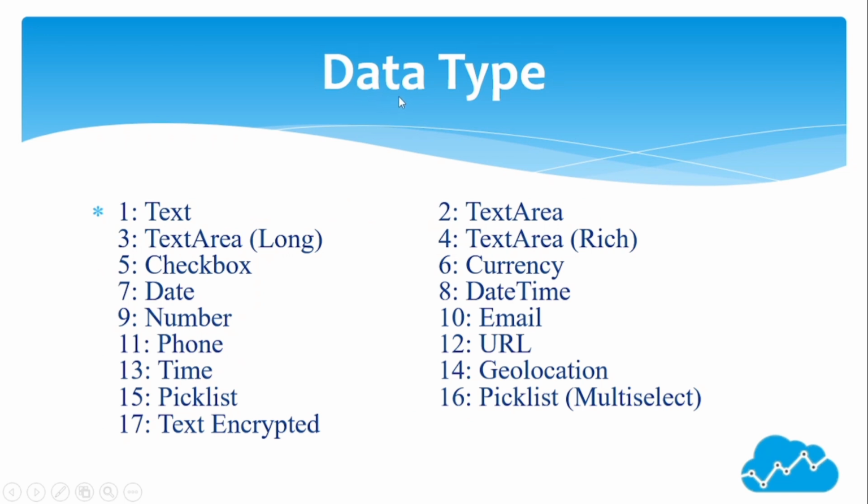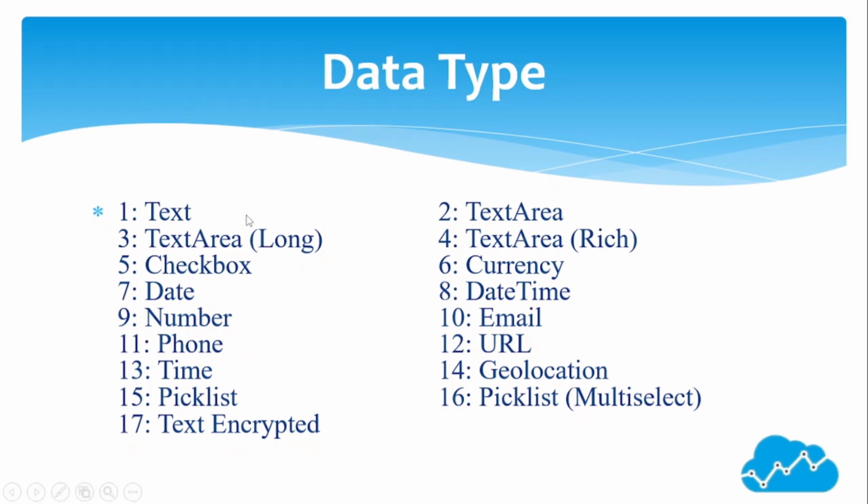Whenever we are creating fields, at that point of time we have to choose the data type. If I am creating a name field, I have to take a data type relevant to name, meaning the name should be text. So Salesforce provides the data types when we are creating the fields.